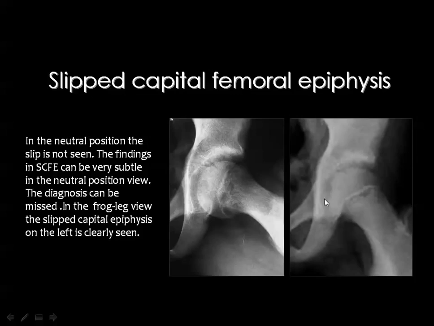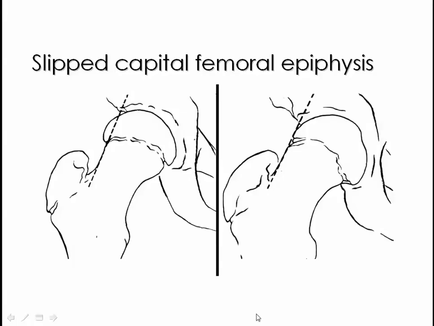In the frontal view, you can see that the capital femoral epiphysis is in its normal position, but here you appreciate the slippage. And this is one of the helpful techniques whenever you are suspecting slipped capital femoral epiphysis.